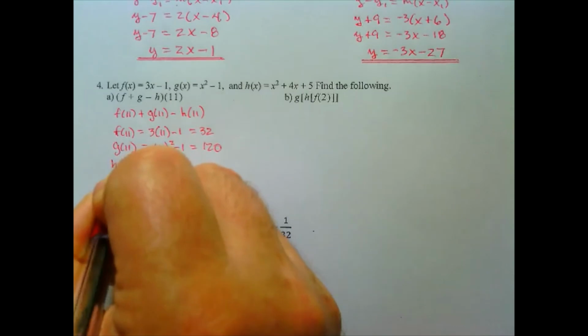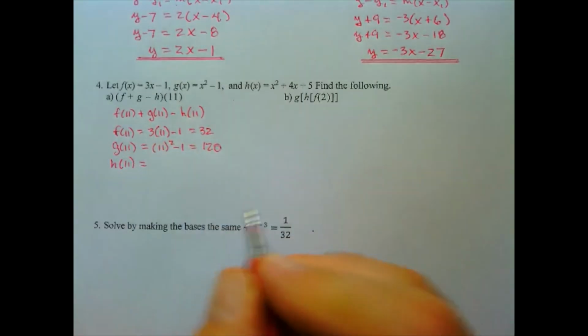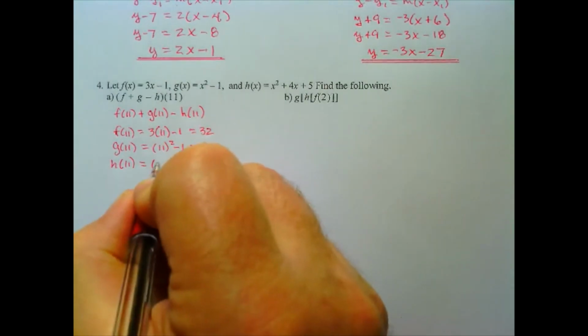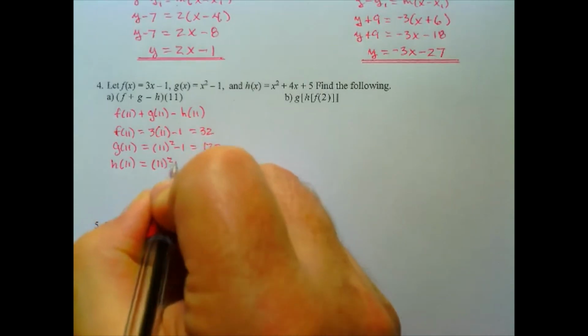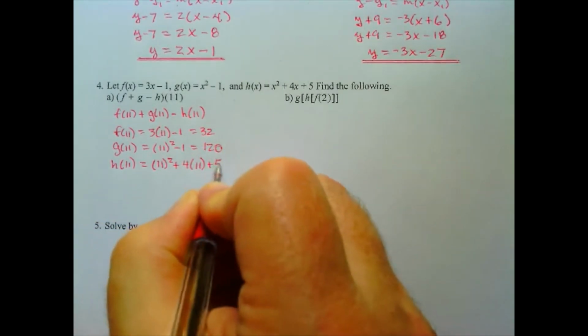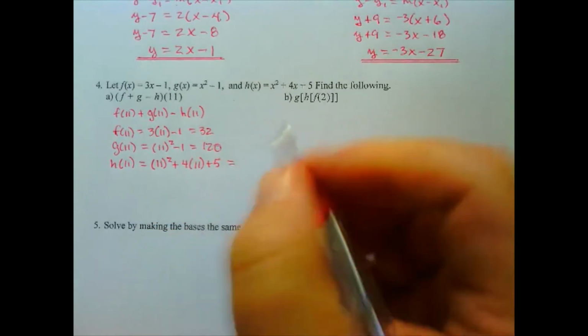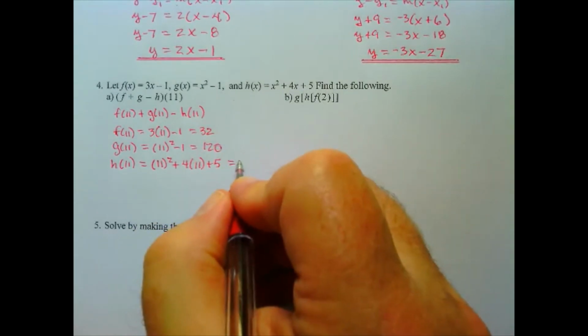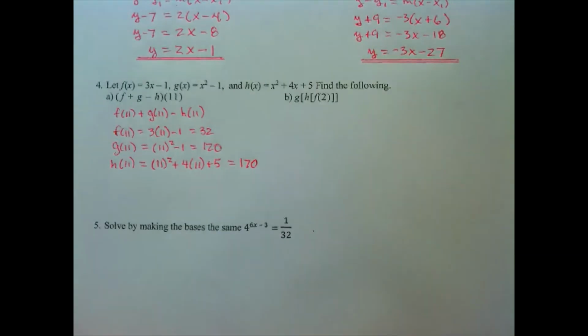H of 11 will be 11 squared plus 4 times 11 plus 5, and that will come out to be 170.